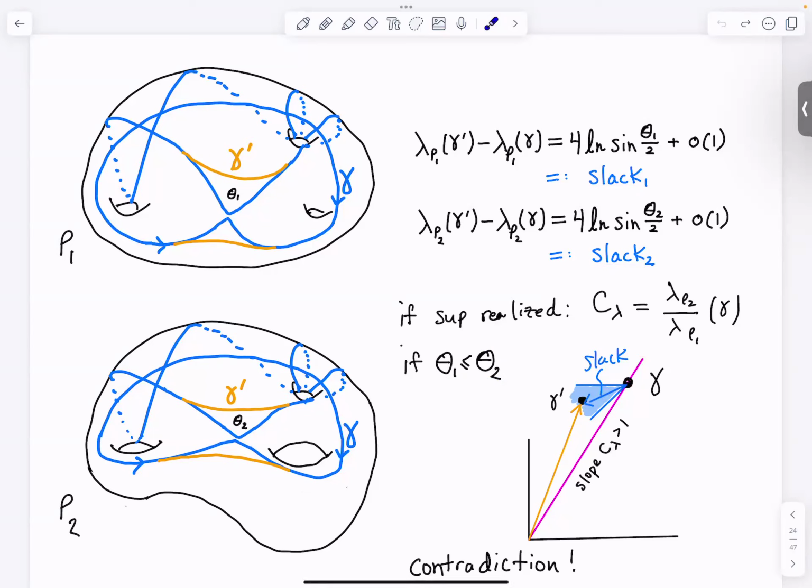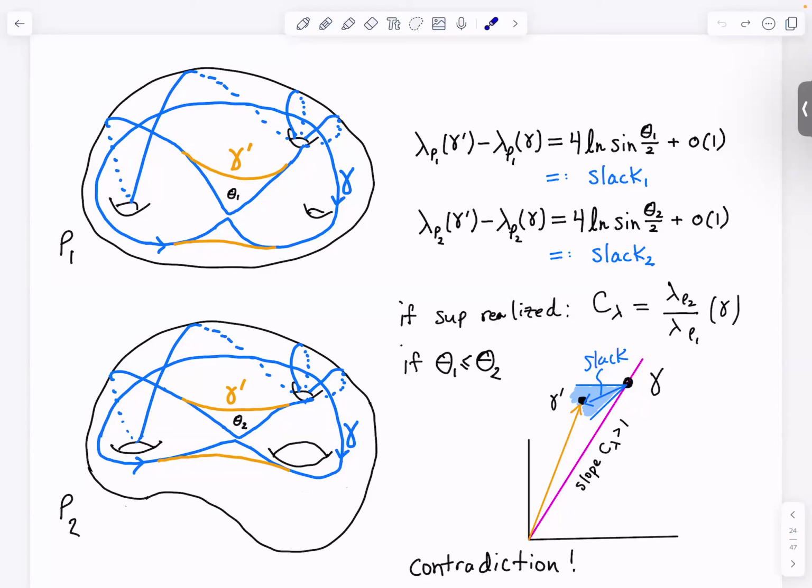So if I think of starting with gamma and plotting its two lengths as a vector, I then do this modification that its length changes by this vector, this slack vector, in the negative direction with slope less than 1. Because the slope of the pink line was bigger than 1 to begin with, I actually get a new vector, the pair of lengths for my yellow resolution, which is steeper.